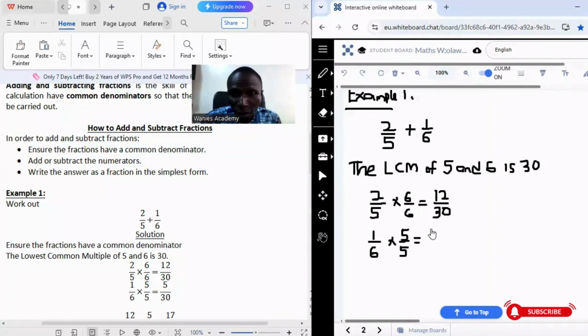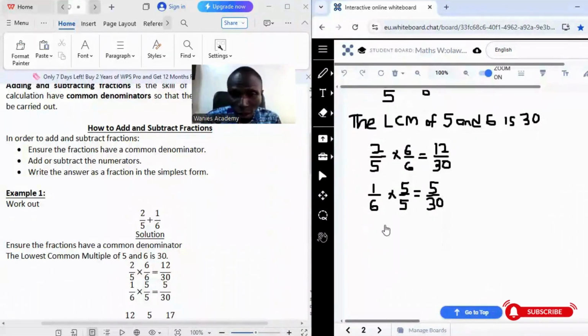So 1 times 5, we're going to have this to be 5. 6 times 5, we're going to have this to be 30. So if we look at this now, we have a common denominator. So we can now find the sum of the fractions.